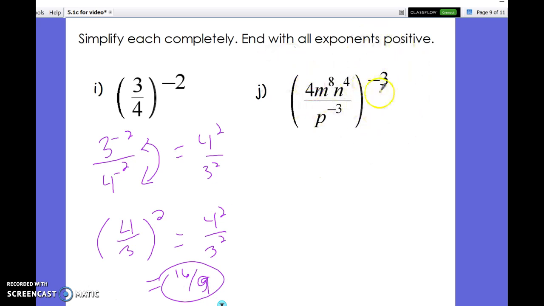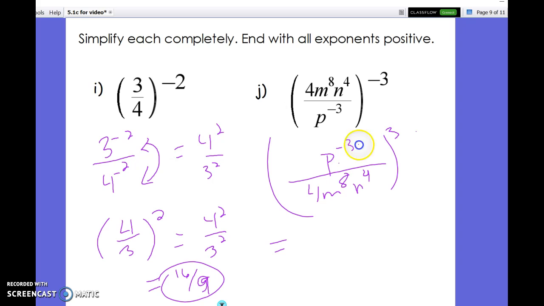Letter J, same type of thing when we have it raised to that -3rd power. I'm just going to flip right away. So I'm going to put what's in my denominator on top and then my numerator on the bottom. Then it's raised to the +3. Remember, power to a power, we're going to multiply our exponents.